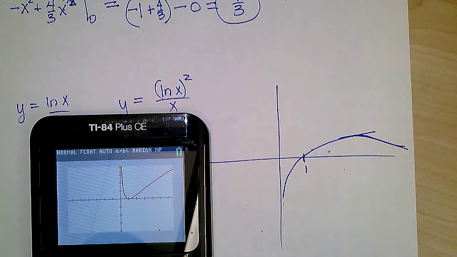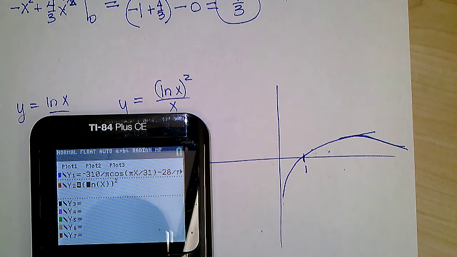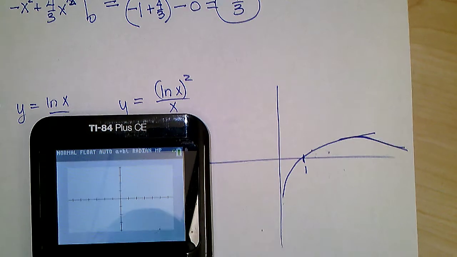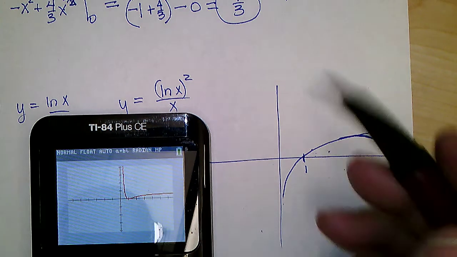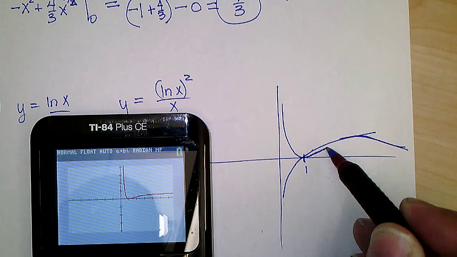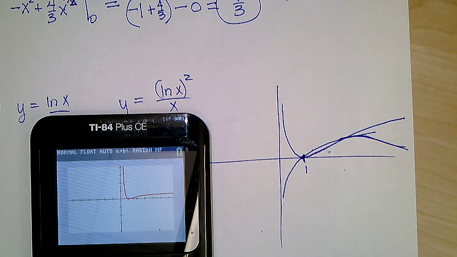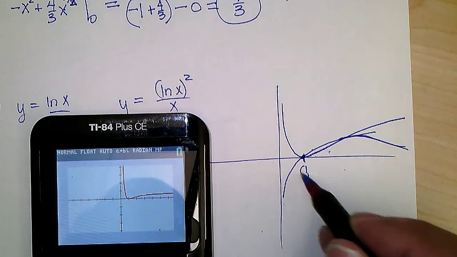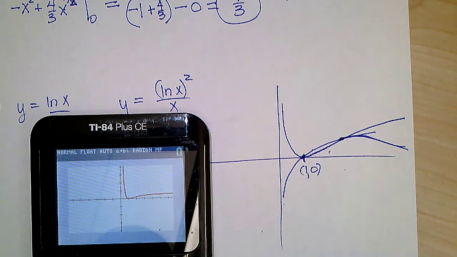Now let's divide that by x. Divided by x, it makes it come down and then jump up like this and go like this. So they kind of cross there at 1, 0, and they also cross someplace out there.